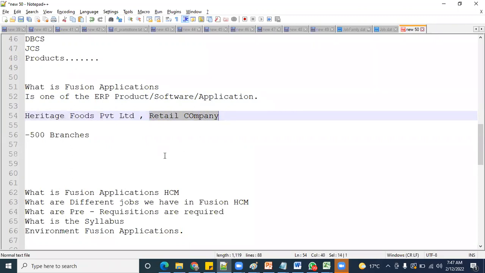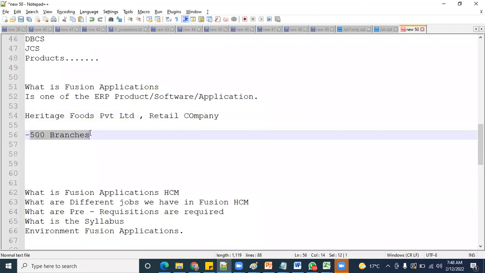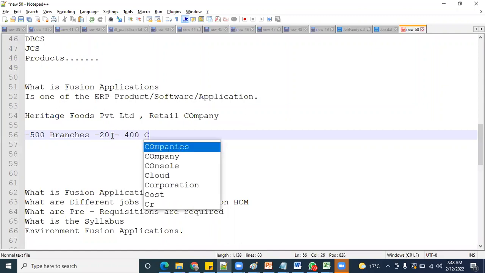They sell goods to customers, food-related goods, like a supermarket. They have around 500 branches in India. In every branch, almost 20 to 30 employees are working in sales and administration, and it's more than 400 crores turnover per year.